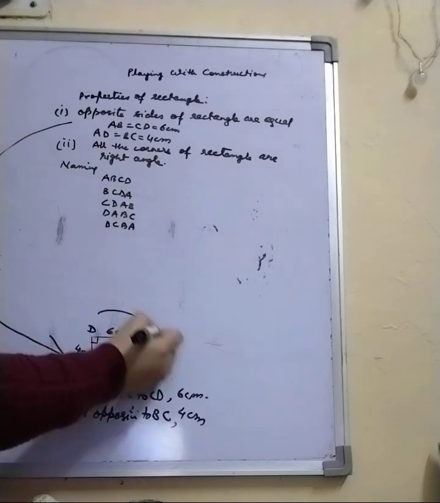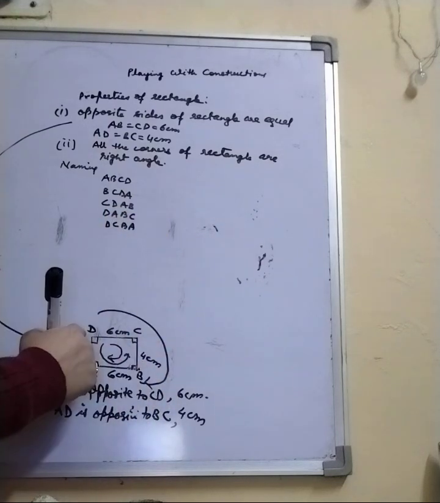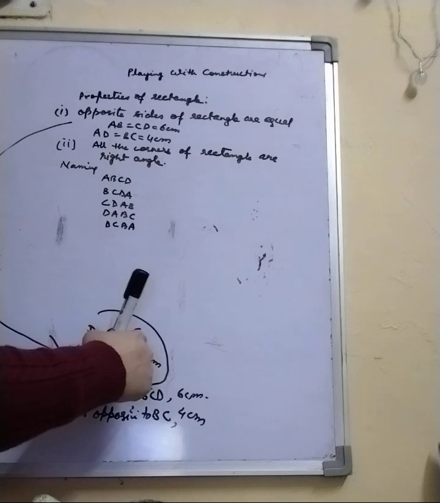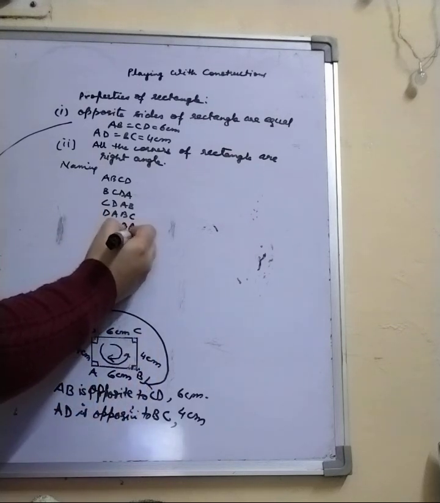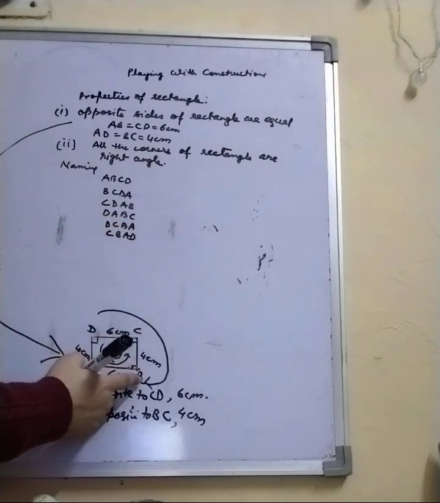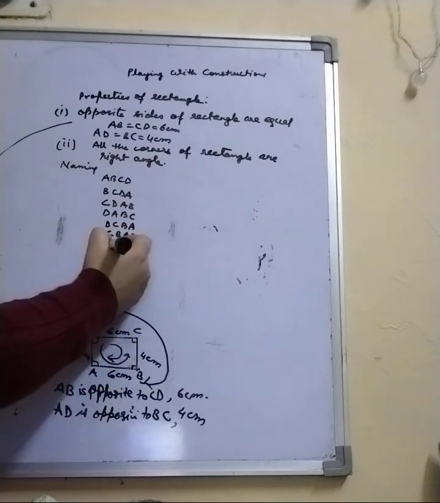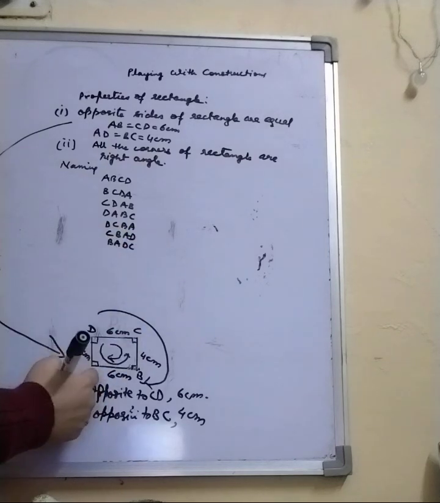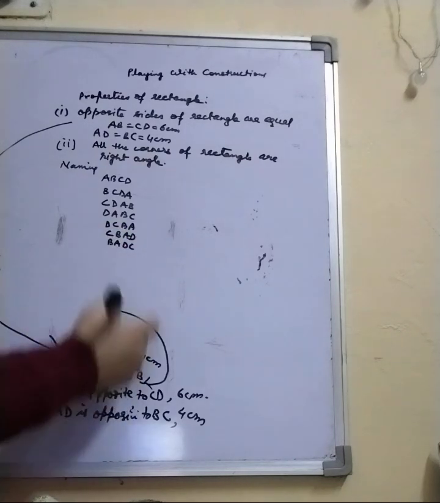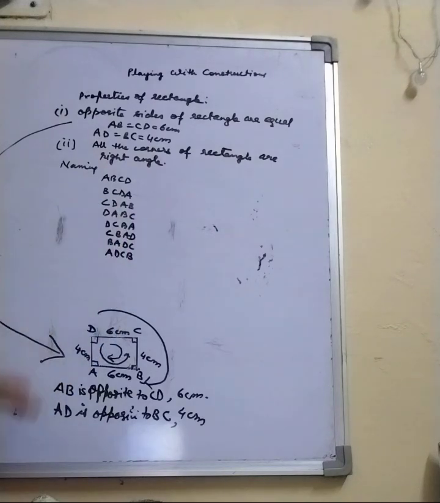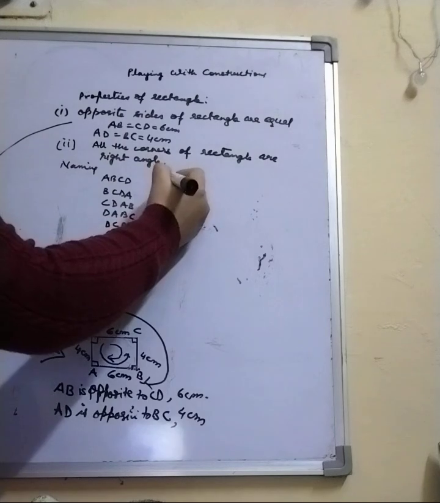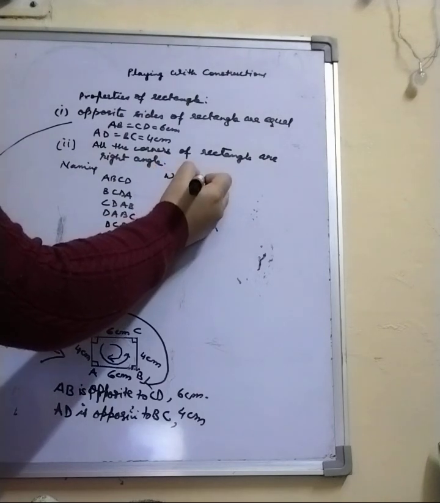DCBA, this is clockwise starting from D. Then you can write CBAD, then you can write BADC, then you can write ADCB.